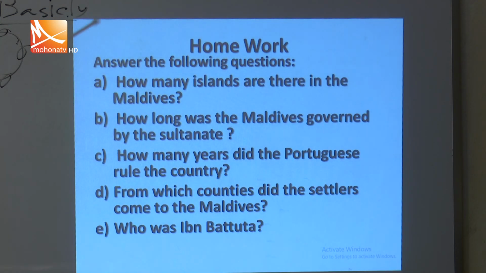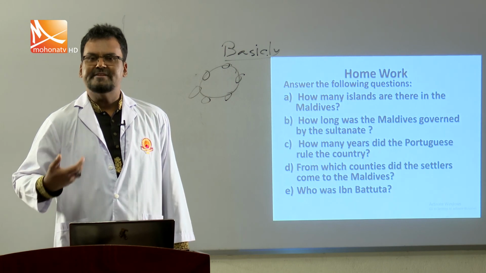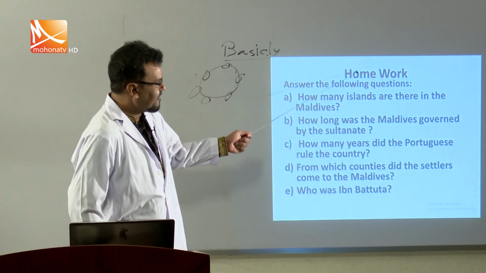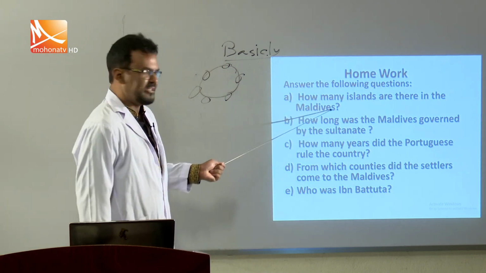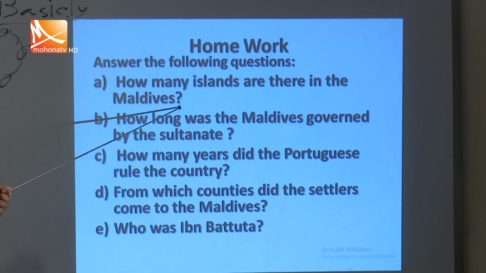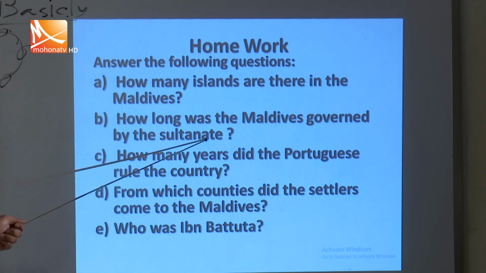Okay. Now this is homework for you. You will read the text again at home and try to find out the answers. How many islands are there in Maldives? So you will do scanning. Just find out the number. How long was the Maldives governed by the Sultanate?